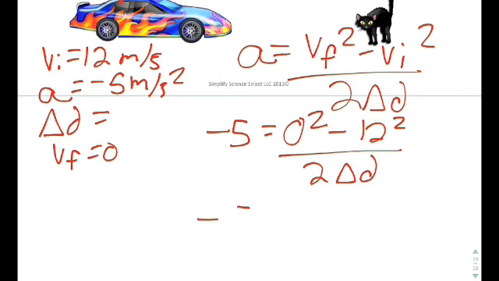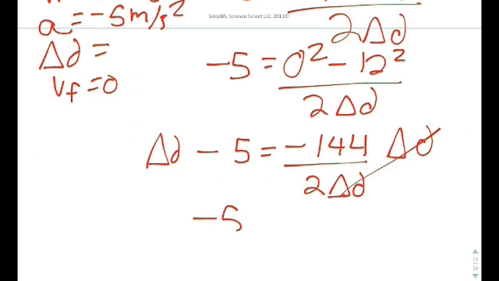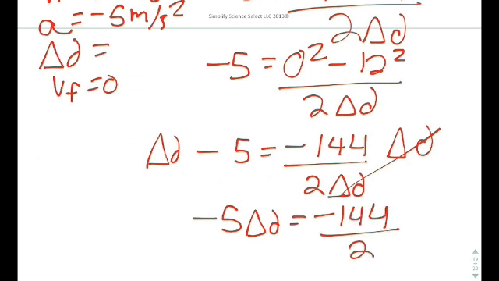We can say negative 5 equals negative 144 divided by 2 delta D. Now remember, you've got to get delta D to the top because you have to deal with it in a numerator, not a denominator. So you multiply both sides by delta D, and in doing so that crosses out, and now you have minus 5 delta D equals minus 144 divided by 2. At this point you could simplify it and say negative 72.